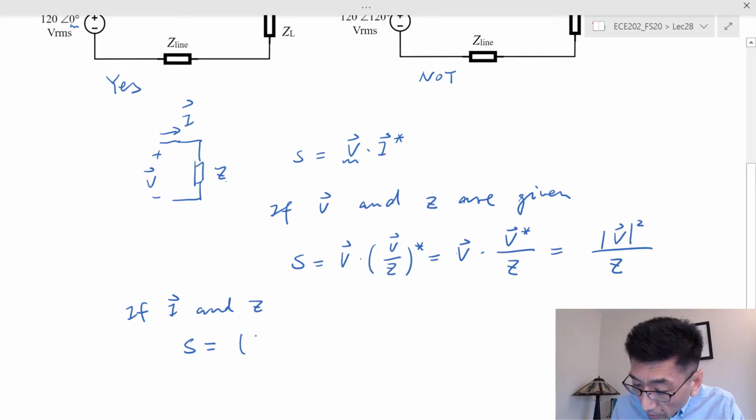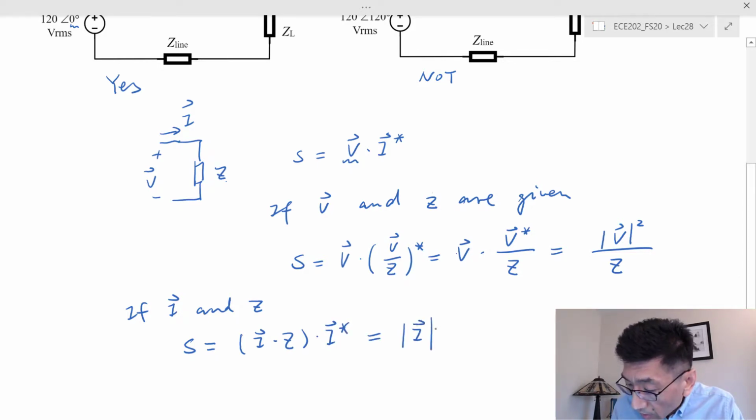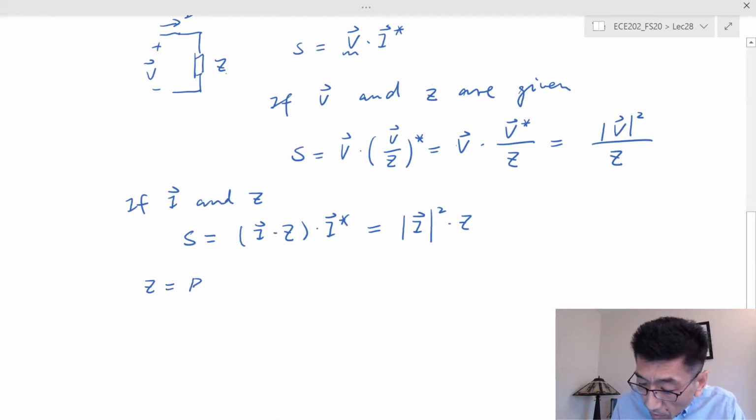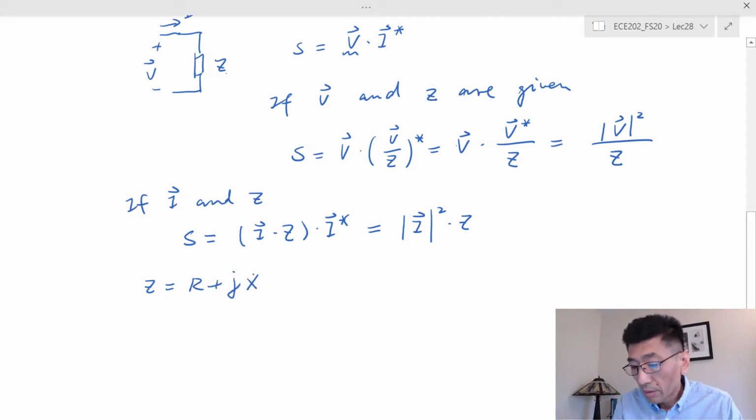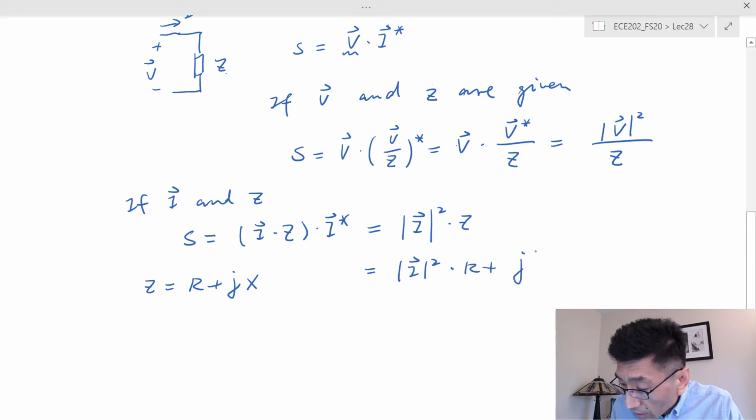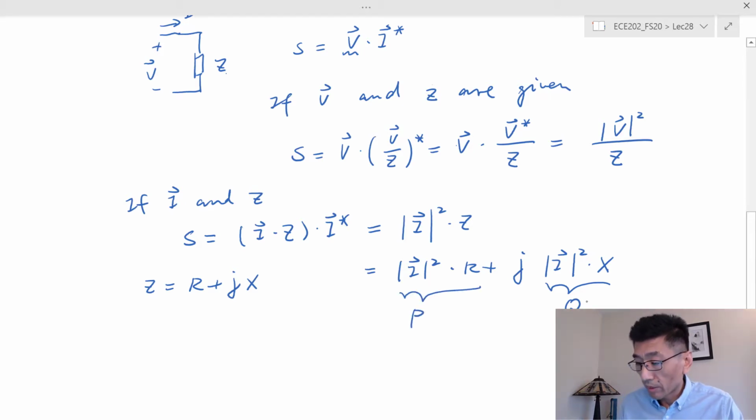Now we replace the V by I times Z, times I conjugate, and we know I times I conjugate is going to be equal to the I magnitude squared. So S is I squared times Z. If Z is in rectangular form R plus jX, then S is going to be equal to I squared times R plus j I squared times X. So this is the P, the real power, and this is Q, the reactive power.